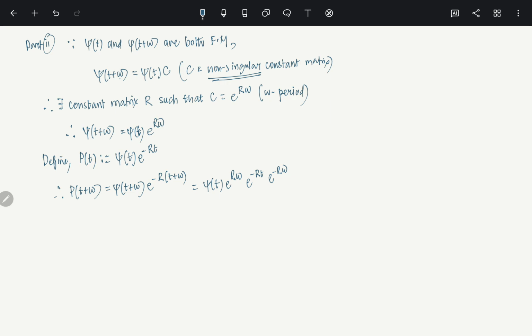We can write it like this because they commute. Then this is phi of t times e to the power minus RT, and this is nothing but P of t. So the matrix P of t, which is phi of t times e power minus RT, is W periodic. Hence P of t is W periodic.